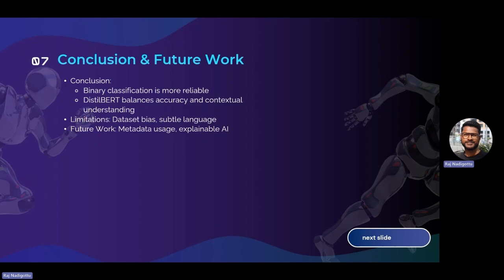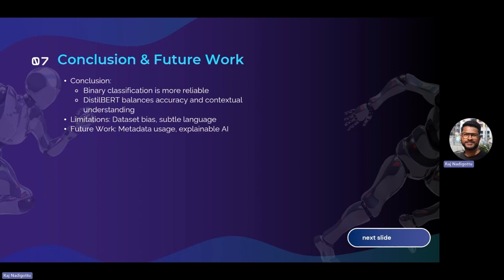For future work, I feel that we should explore metadata enrichment, explainable AI techniques, and also improve the context modeling with user history or maybe conversation threads. In this project, we demonstrated that though the modern models show a lot of promise, there is still significant room for advancement.